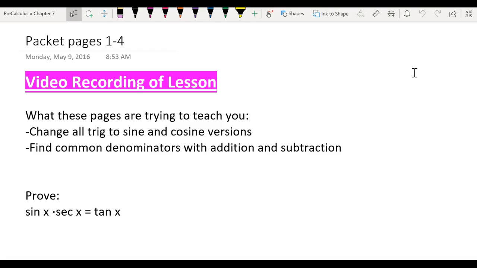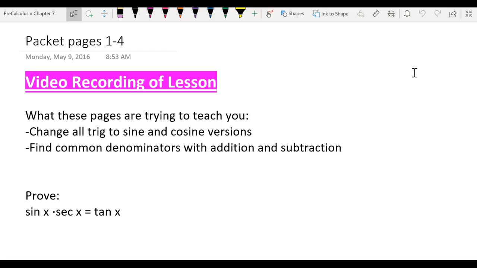And then you also need to remember that if you have something like 1 over sine of x plus cosine of x, you have to be able to find common denominators. So what would I multiply the second one by so that they have common denominators? Sine of x.